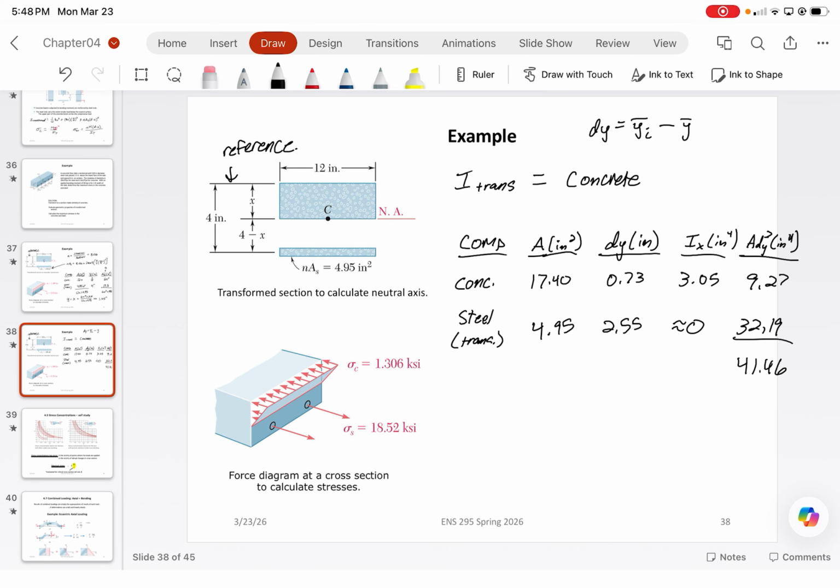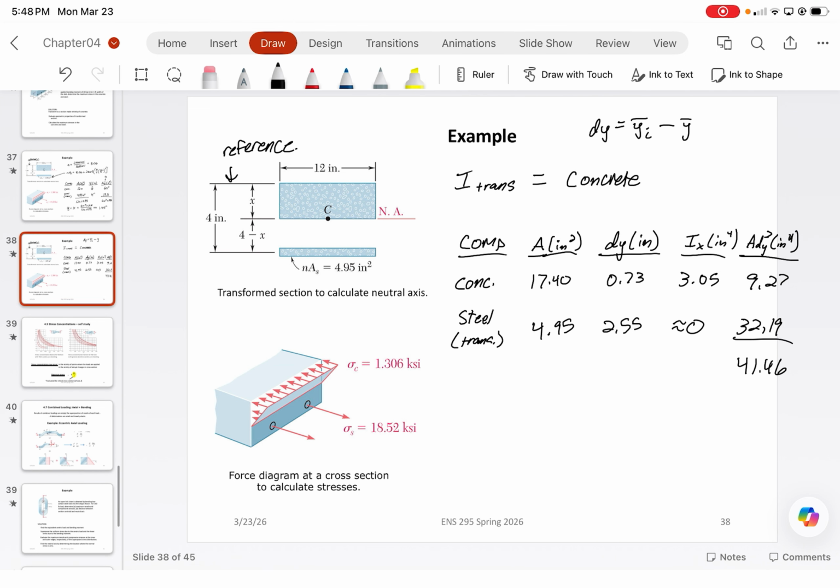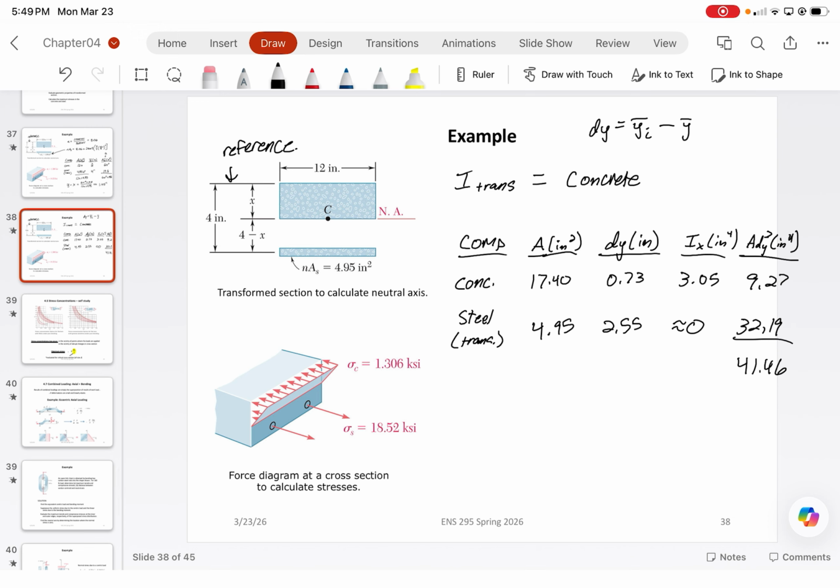Just because the workbook here is showing 44.4. So let's see. Yeah, I think I messed it up. I believe this should be 12.62.